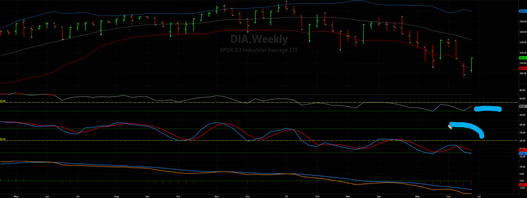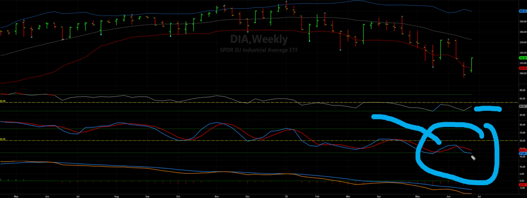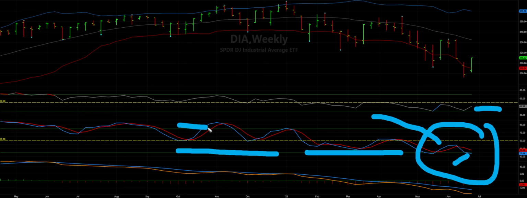We didn't see the stochastic come out of 20. Why didn't it? It's below the 20 level. You see it. It never made it back from the oversold levels, because when it's below 20, it's oversold, and when above 80, it's overbought.